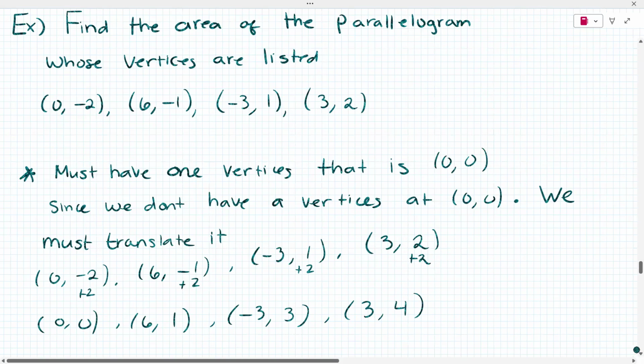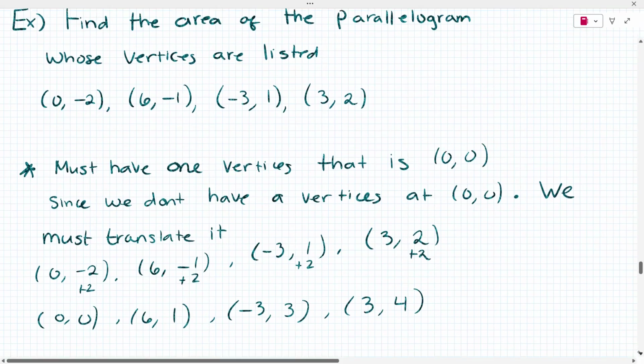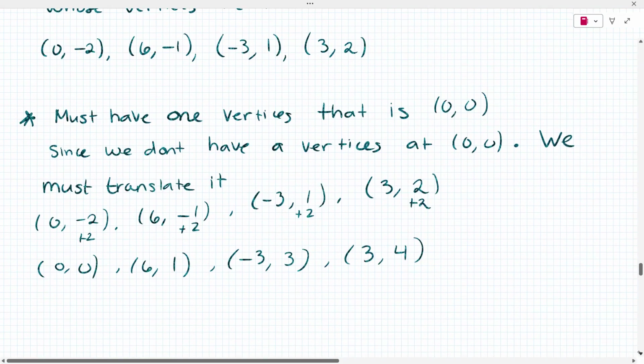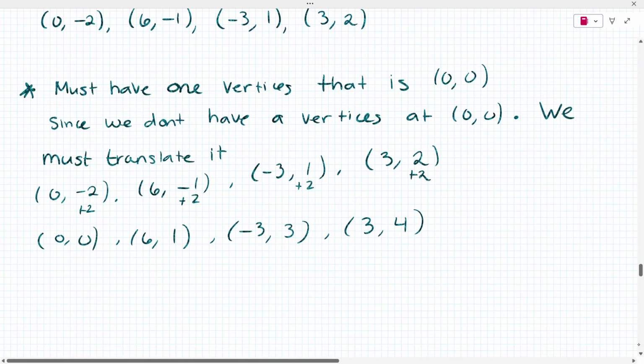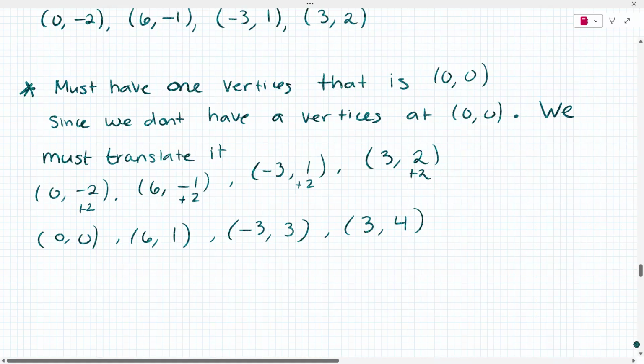So now let's find our matrix A. It doesn't matter what pairs you use, as long as it's besides the origin. You can't use 0, 0. In order to find the area, you must have a point that goes through 0, 0.